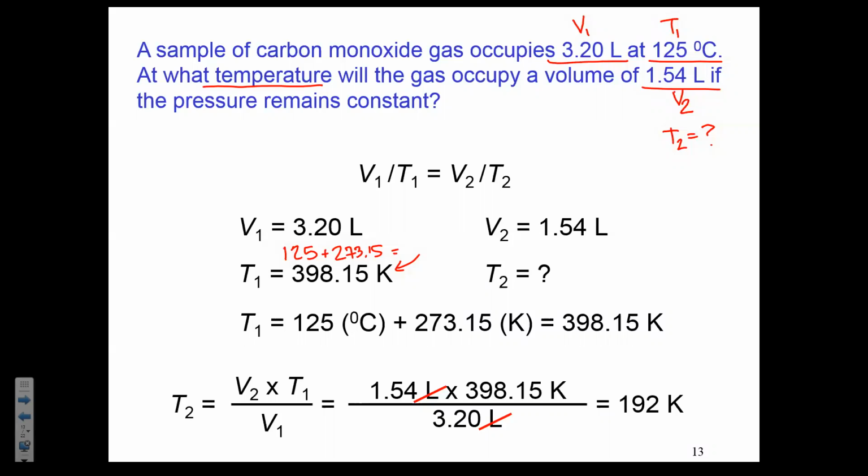So my liters cancel out. All I'm left with then is Kelvin, and I end up with the answer of 192 Kelvin.